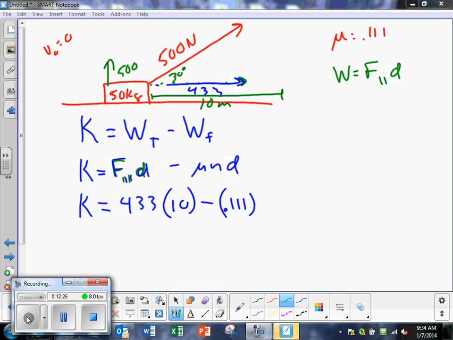So it's 500 minus this piece here, which is 250 newtons. The sine of 30 times 500 is 250. So the normal then is 500 minus 250 because it's getting help by the tension. So the normal in this case is 250. And that friction works over the same 10 meters.